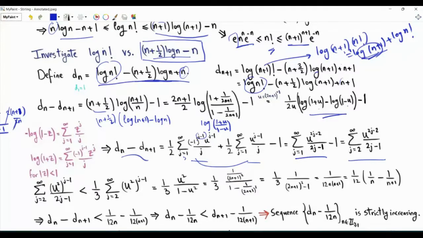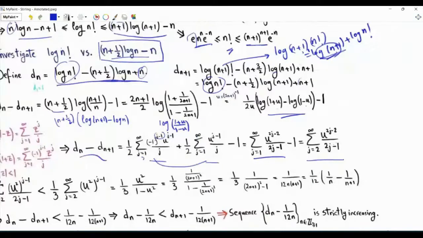So this is a summation, and it is clear from this summation that it is a summation of non-negative terms. And so this means that dn minus dn plus 1 is something that is positive.